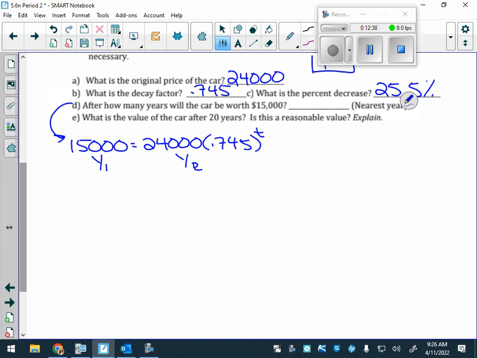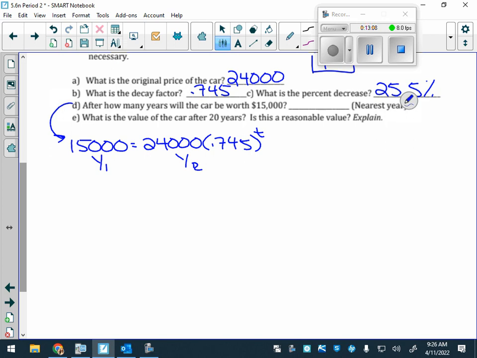I hate when it does that because it's in between, right? So 1.5 years would be fine for me if you were to put the actual decimal, right? Because how much would it be worth? You can't really say 1, you can't really say 2 because it's right in between, okay? So for that one, if you wrote 1.6, make yourself a note and say between 1 and 2 years, okay?